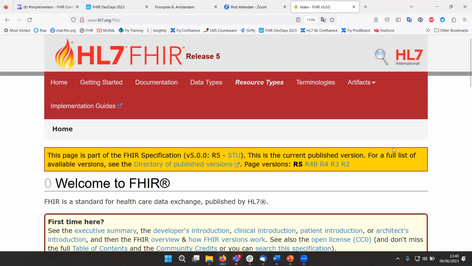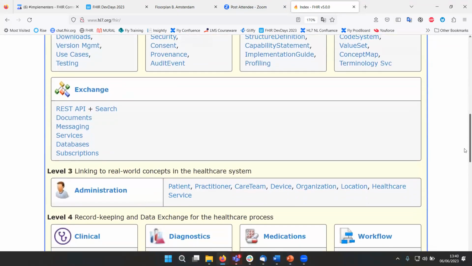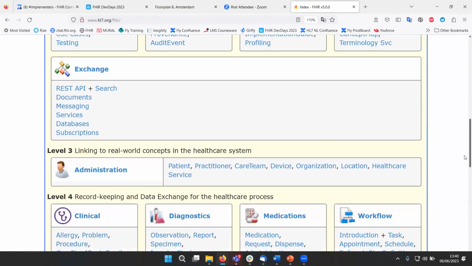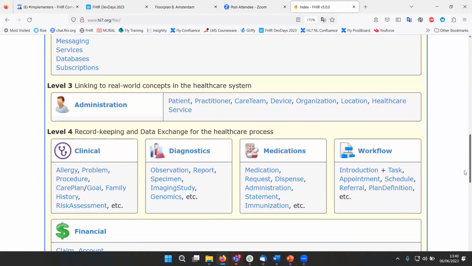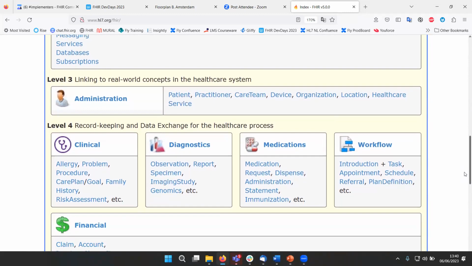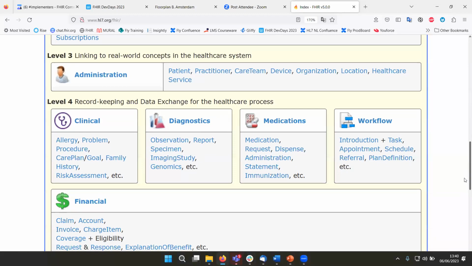And then on the front page, for those of you in the know about version 2, you will certainly recognize some of the chapters that we have in version 2, like administration, chapter 3 ADT, clinical and diagnostics, chapters 4 and 7. So it is kind of similarly structured as version 2.